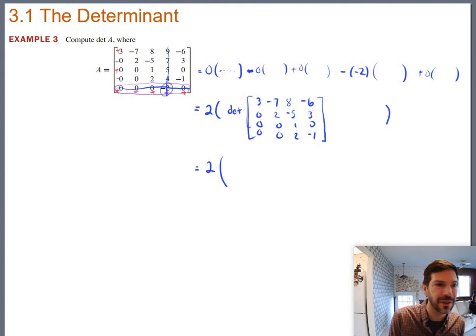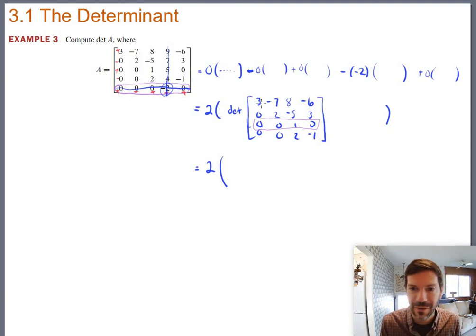So I'm going to expand along this third column right here. I need to check my checkerboard. So this will be plus, minus, plus, minus.